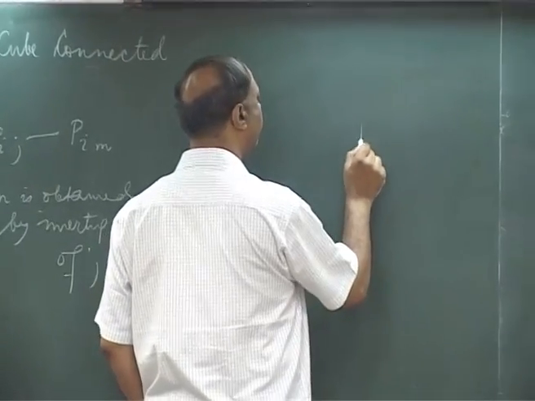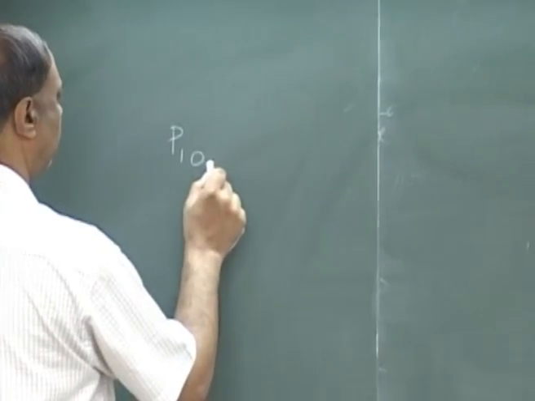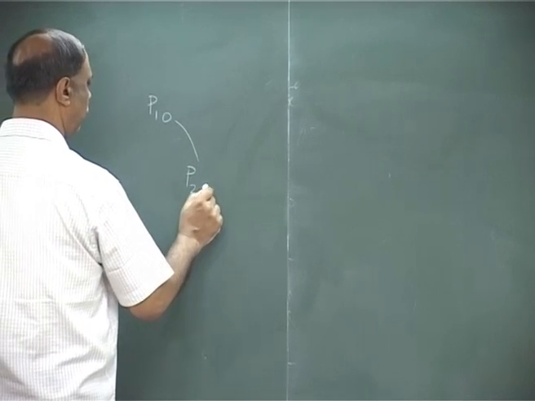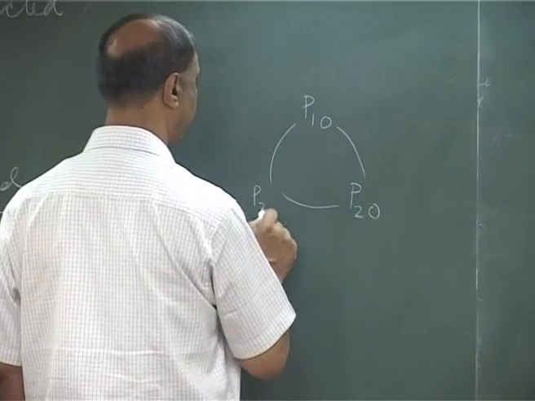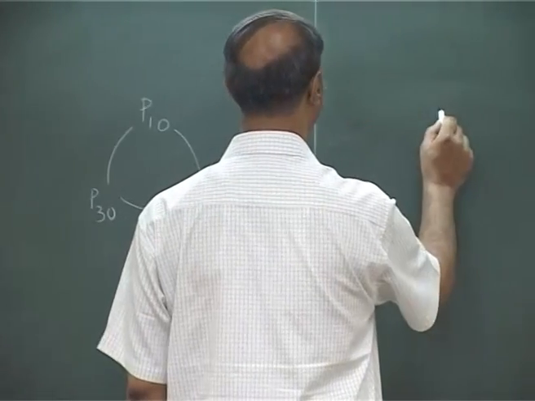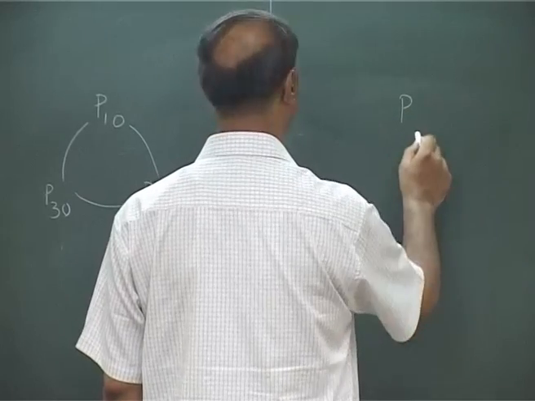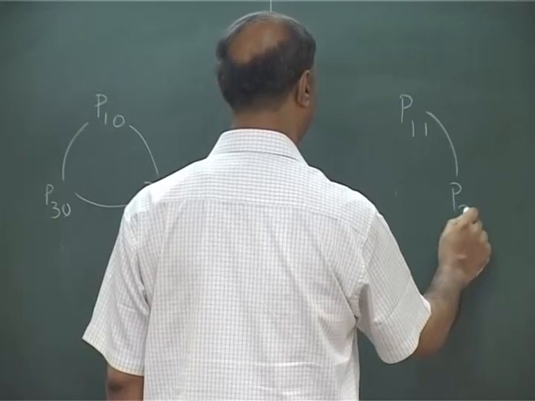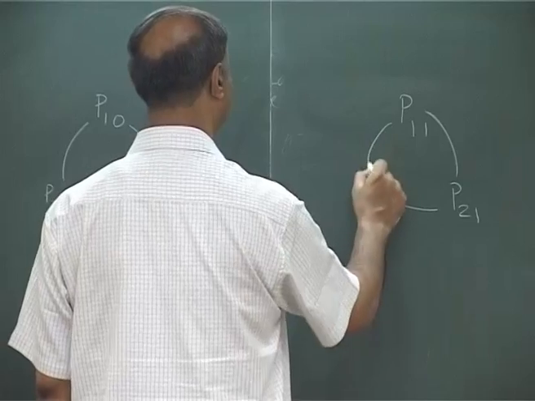So initially let me write P10, P20, and you have P30. You have P11, P21, P31.